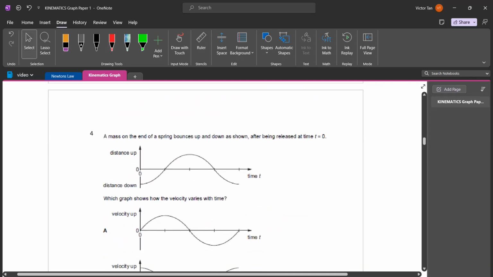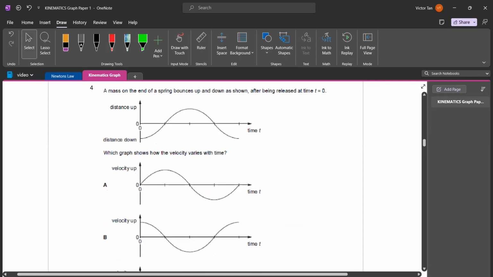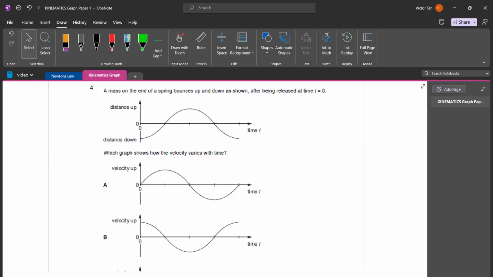A mass on the end of a spring bounces up and down as shown after being released at time t equals 0. Which graph shows how the velocity varies with time? Distance up, distance down. The velocity on the graph is the gradient, so you just look at the gradient of the graph.